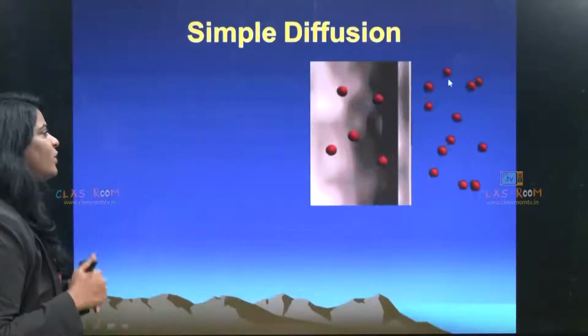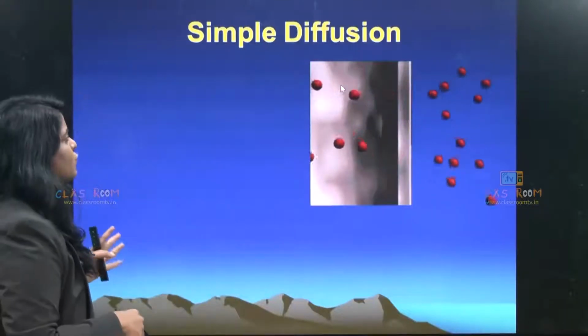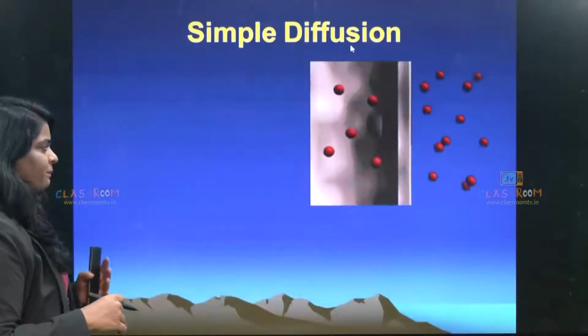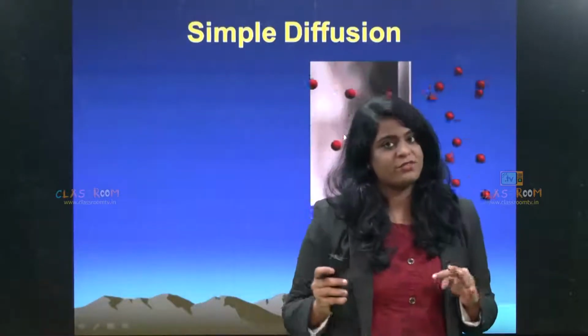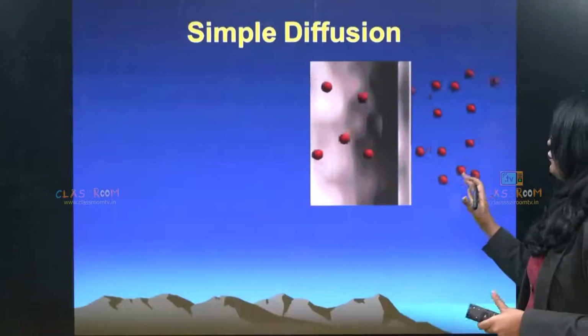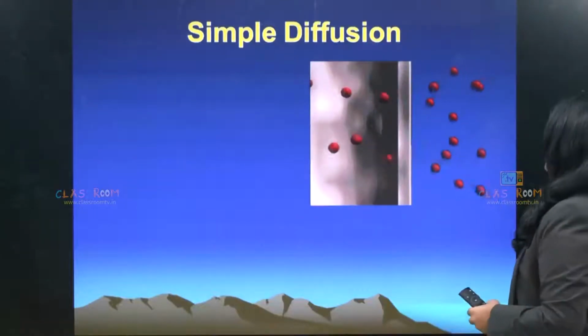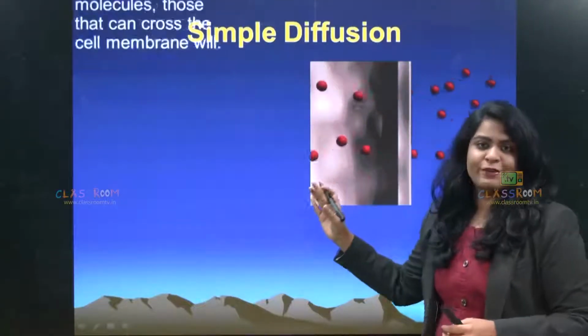Now let us go through each of the types of passive and active transportation. The first one is simple diffusion. Okay, so I have told you that passive does not require much effort, but in diffusion what happens is the molecules are entering because there is a gradient difference.